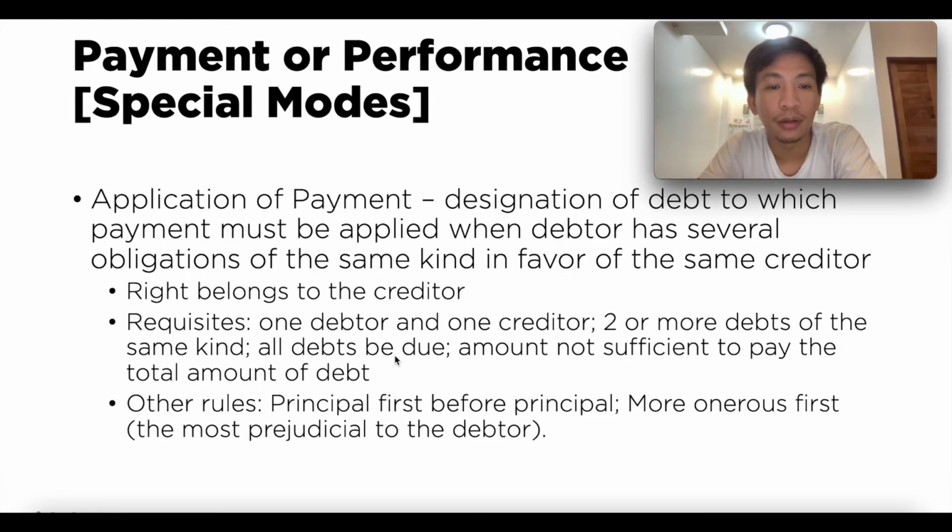Next, all debts are due. Kumbaga, yung two or more na utang na yon ay due na lahat. Dapat nang bayaran lahat. And 4, the amount is not sufficient to pay the total amount of debt. Kumbaga, nag-aapply lang ang application of payment kapag hindi sapat yung binigay na pera para ma-cover yung kabuuan ng utang.